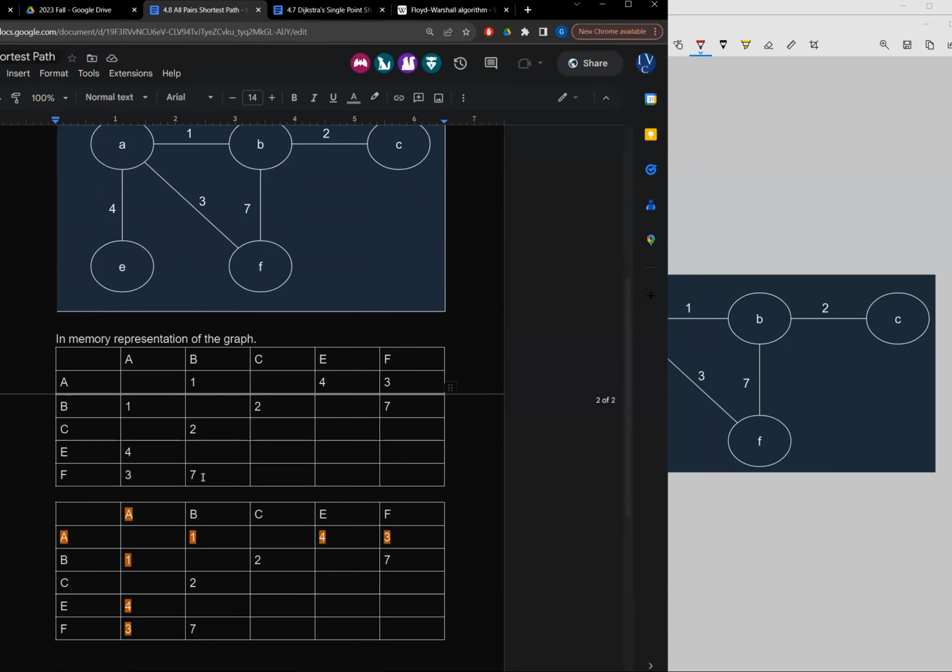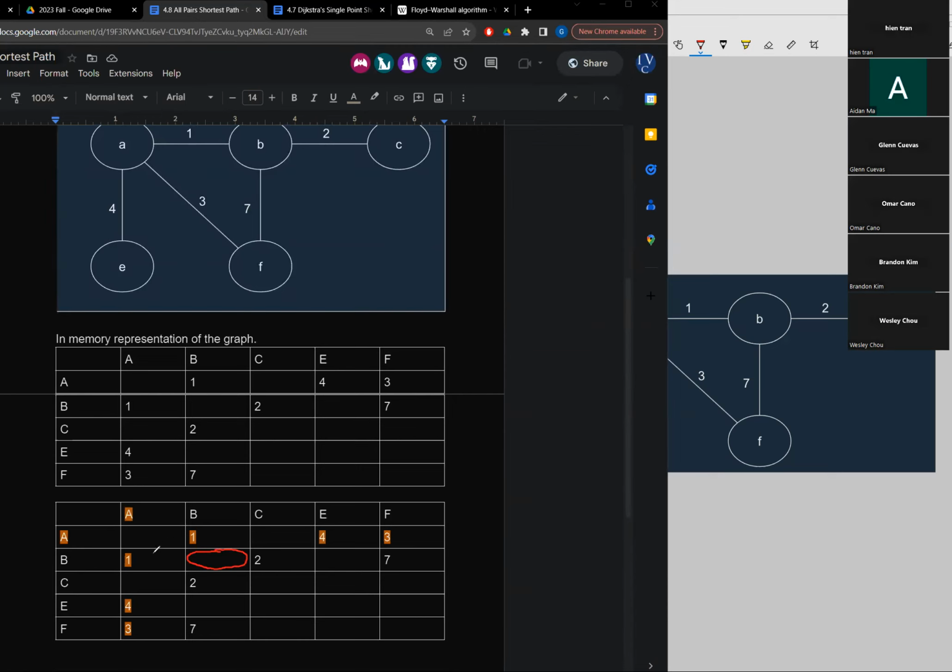Can we get somewhere shorter than the way around? Okay, so the first value we can try to update is B here. What we're trying to basically say is, sorry, I said that backwards. If I'm going from B to A, B to A costs 1. Once we're at A we can go back to B for 1.